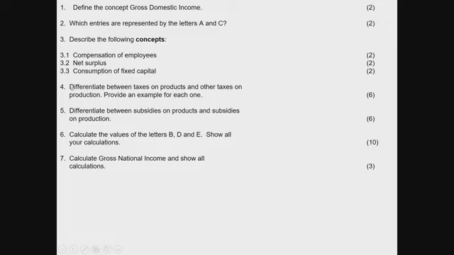Right. Differentiate between taxes on products and other taxes on production, and then it goes further to say provide an example for each one. So the way in which you will answer this, you will first describe what are taxes on products, give an example, and then you will describe what are taxes on production, and then you will also give an example there.